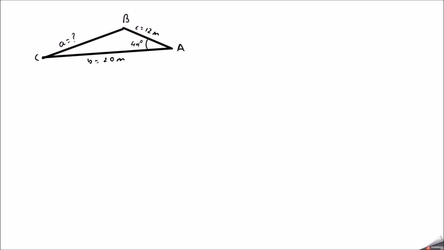For our next example, we have the given triangle where we know sides b and c and angle A. What we're looking for is side a. We can use the law of cosines, which would be a squared is equal to b squared plus c squared minus 2bc times cosine of A, to solve for a.